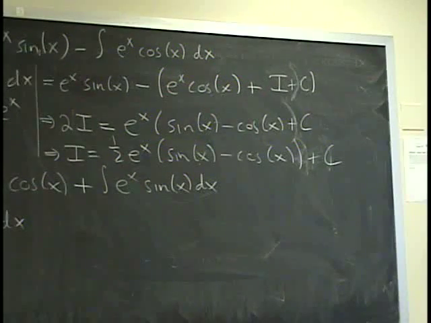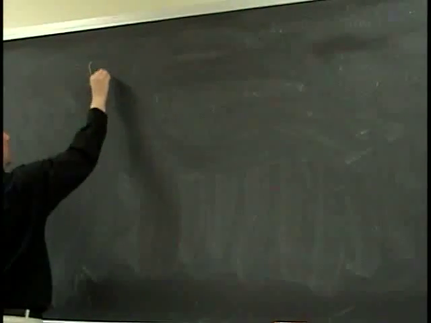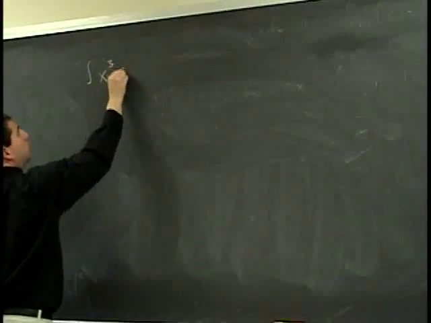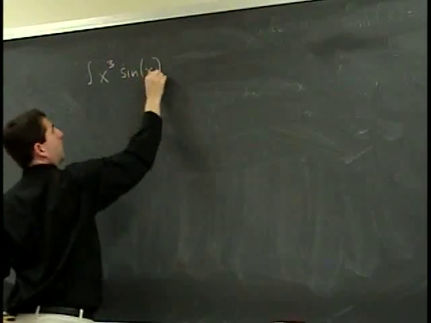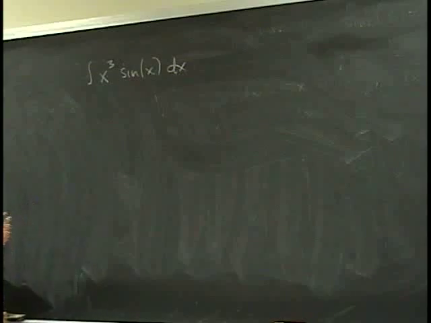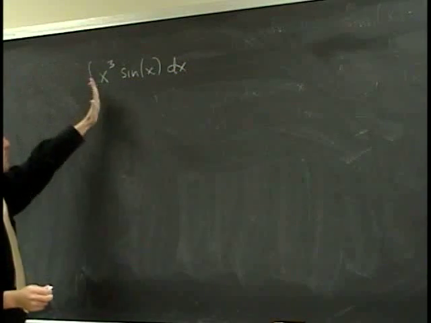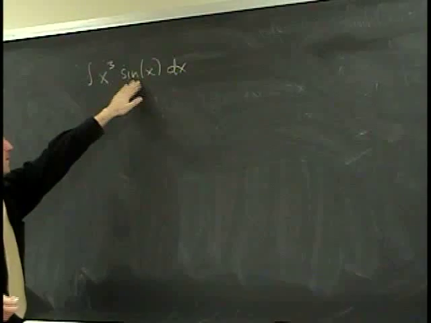Okay, so whenever you have a situation like this, say x cubed sine of x. So we have lines in Africa, tackle elephant. So the algebraic comes first, the trig comes second.